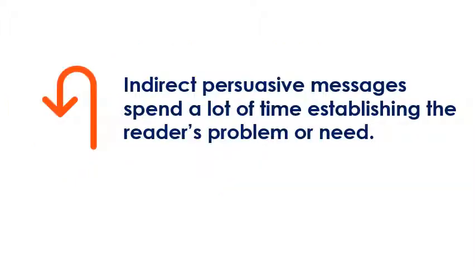What distinguishes an indirect persuasive message from a direct persuasive message is the amount of time that you spend establishing the reader's problem or need. Again, if this message is unexpected, unsolicited, or if your reader is unconvinced that they have a problem, you obviously need to spend more time convincing them of the problem that your proposal seeks to solve.